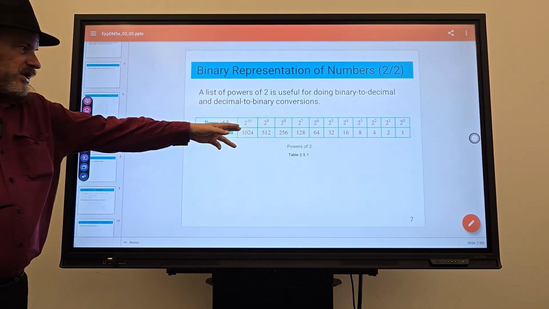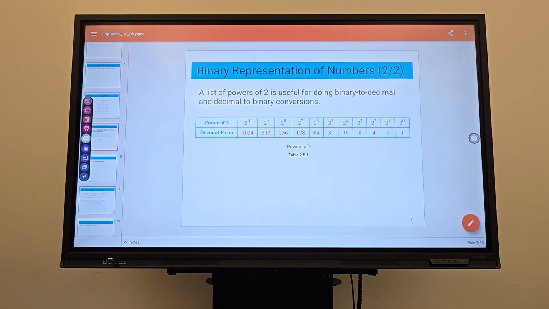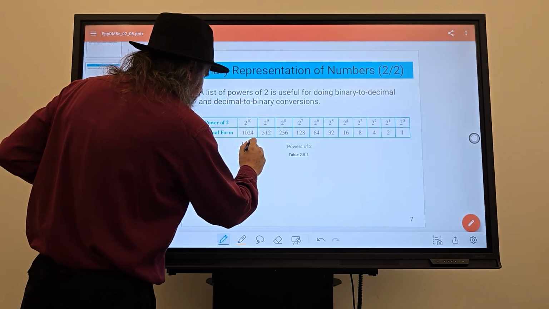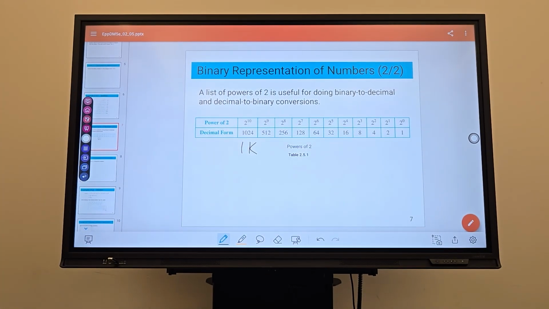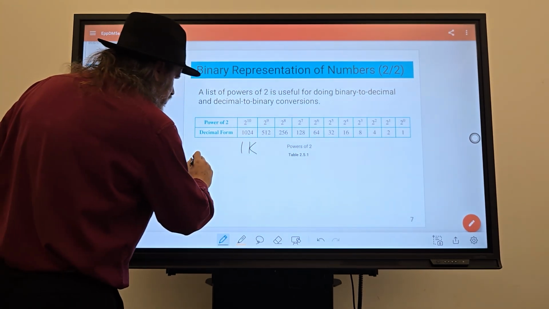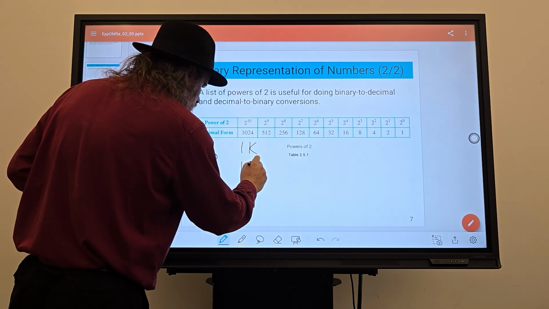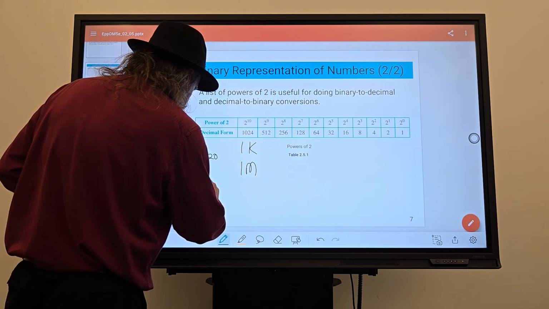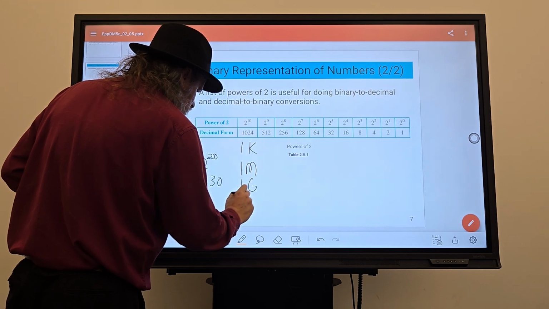This takes it up to 2 to the 10th power, which is sometimes referred to as 1K. 2 to the 20th power is 1 meg, and 2 to the 30th is 1 gig.